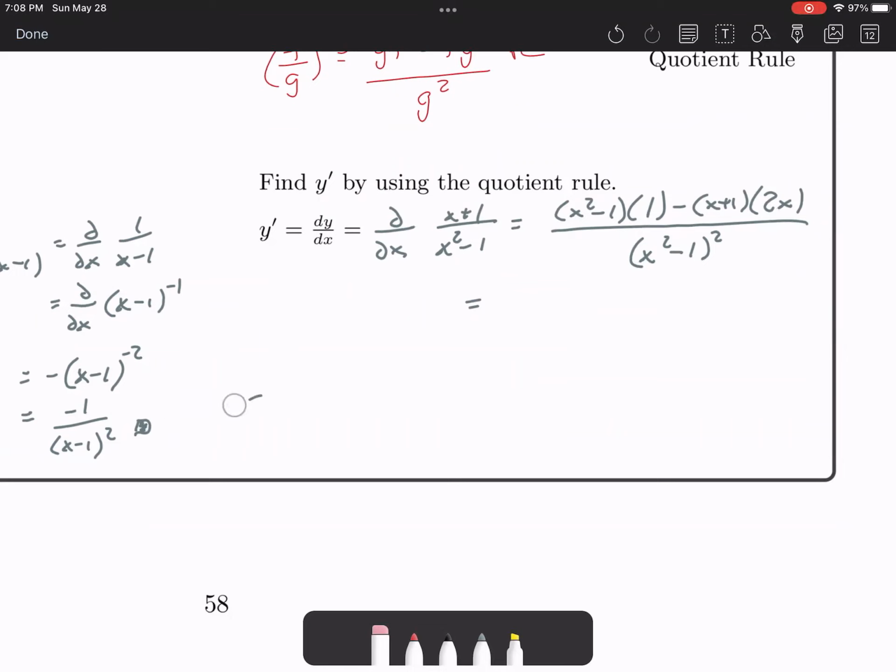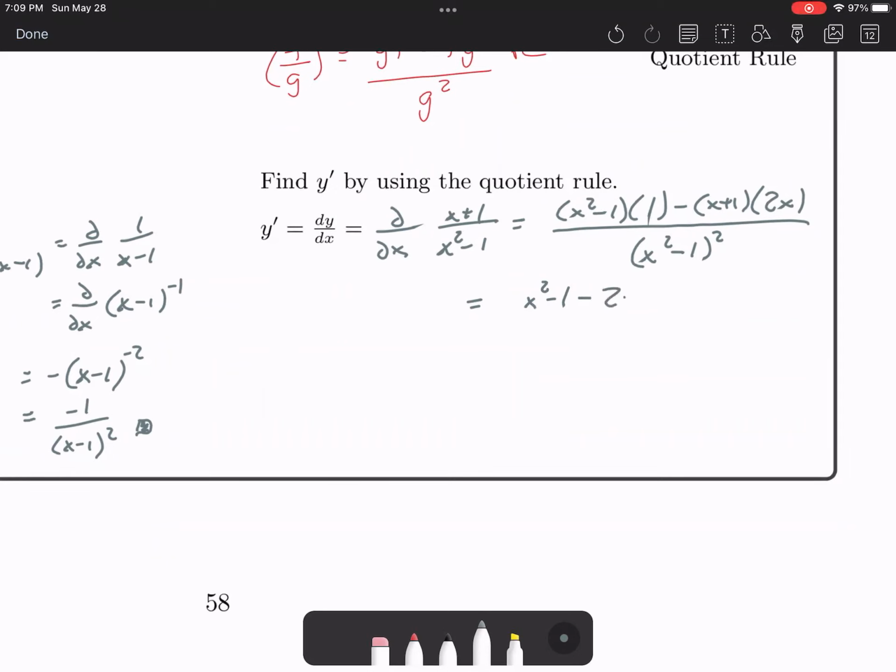So let's use some algebra to simplify. 1 times x squared minus 1 is just x squared minus 1. And let's distribute that negative and the 2x. So minus 2x squared minus 2x over x squared minus 1 squared. Our numerator simplifies a little bit.